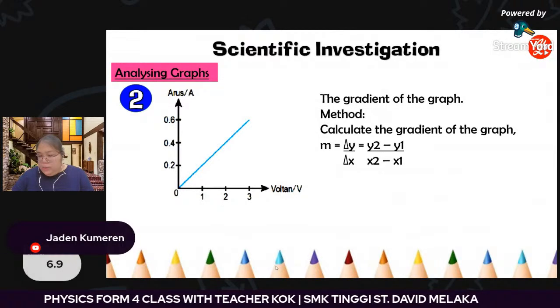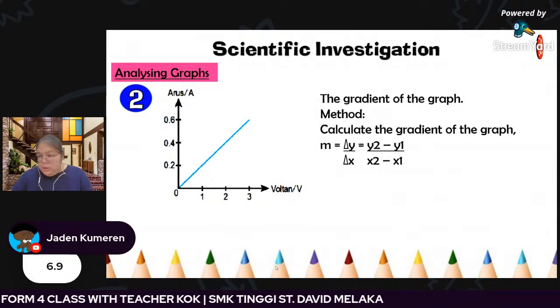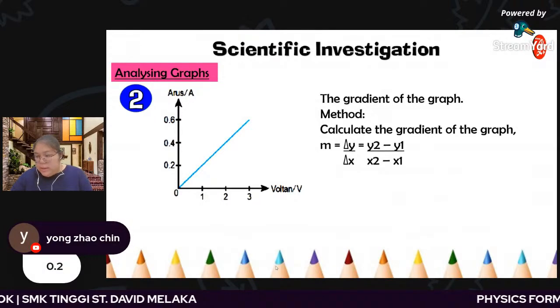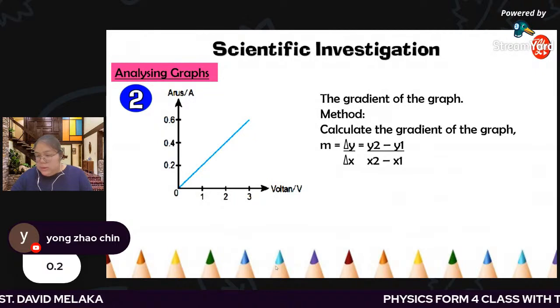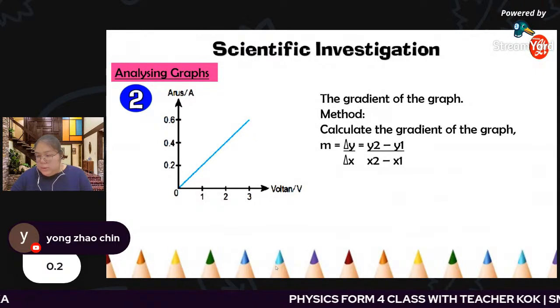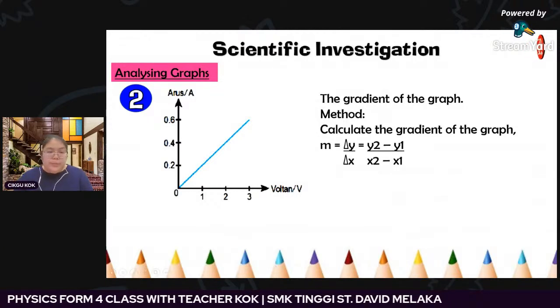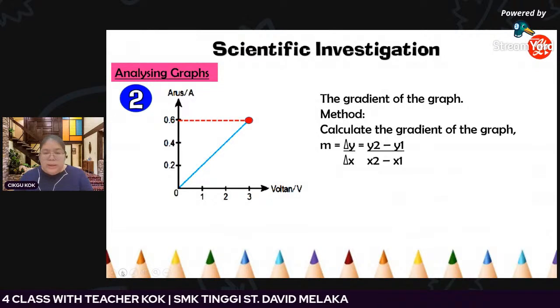Okay, 0.2 also. Some students give me their ID. Yong Zhao Qin also gives me 0.2. So from here, we get the answer already. Some students also 0.2. So we go to check, is it correct or not? So from here, I get the answer.